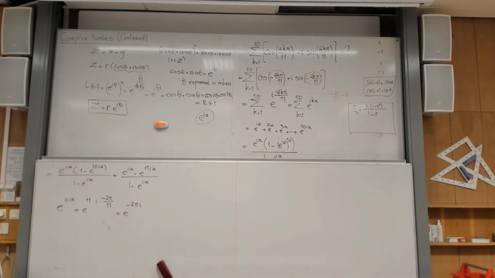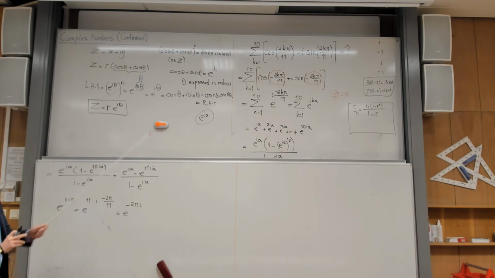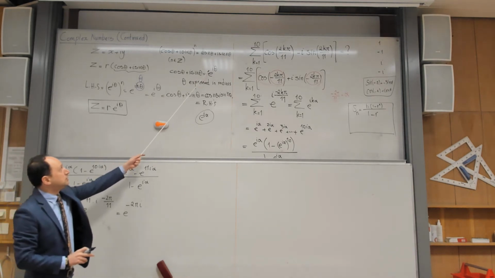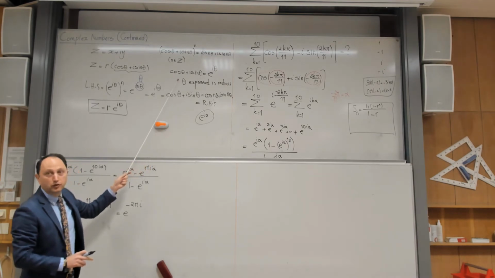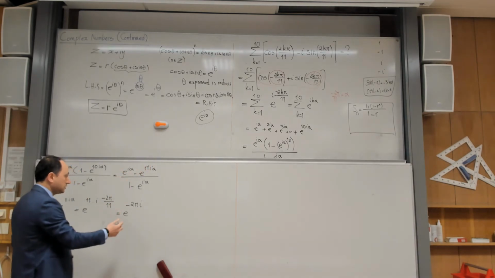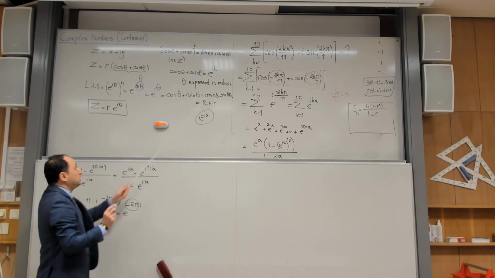But this is extremely simple. Can you tell me what the answer to this is? Euler's formula is still on the board. e to the power of I times an angle expressed in radians can be written in this form. So I can write it back, but this is playing the role of theta in Euler's formula.